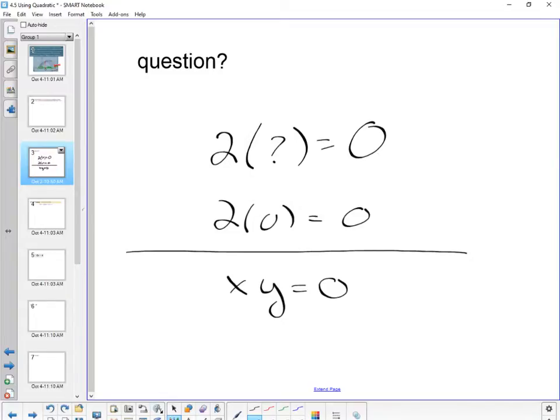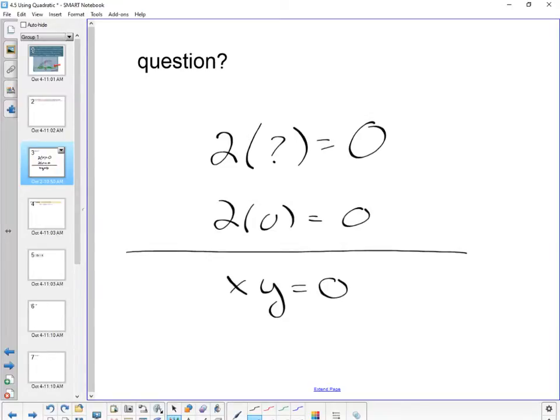Okay, so let's think about this. We're taking two numbers and we're multiplying them. And when we multiply them, we got a 0 for an answer. What does that mean about x or y? Remember what happened up here? Equals 0. What equals 0? X and y? Could it be x and y? It could be x and y.